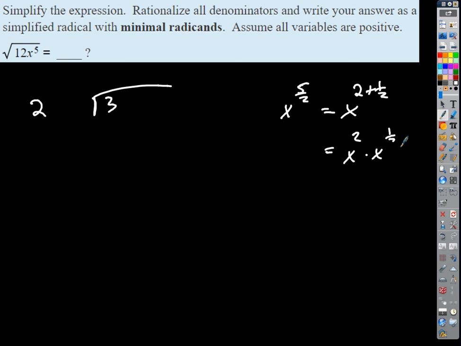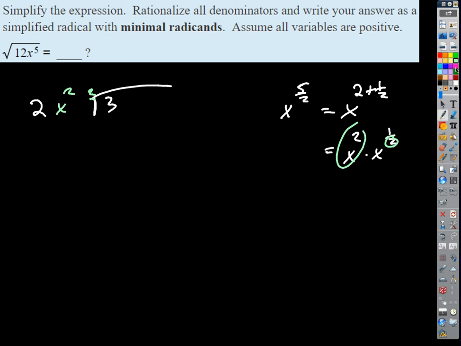So here's the trick. When you write the variable to a fractional exponent, the whole number part of your answer goes out front. So out in front, we're going to get an x squared. Now, there's already a 2 sitting on that radical. That's the index, right? That's the 2 that's in the denominator.